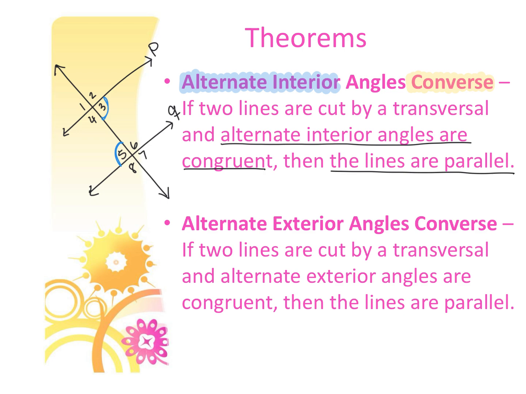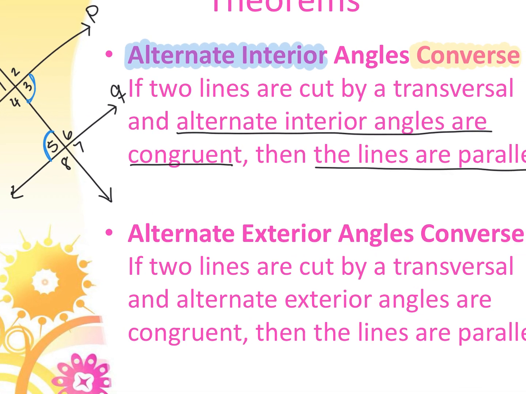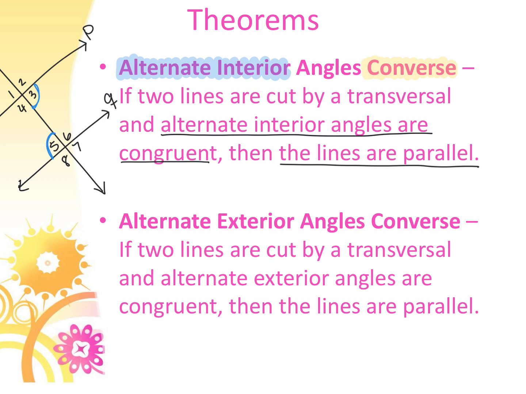So with 3 and 5 being congruent, I could now write: if angle 3 is congruent to angle 5, then line P is parallel to line Q. Remember, if this happens, then they are parallel. They're not showing me those little arrows on my lines, but if they're congruent, then they are parallel.